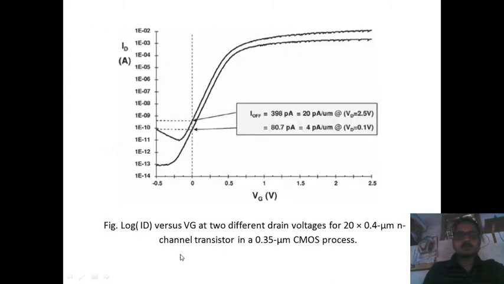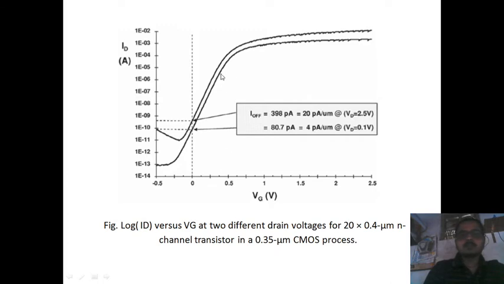This is the threshold voltage. See here in this figure the linear curve. In this figure, on the x-axis we have the gate voltage and on the y-axis we have the drain current. This part is in the linear region. Let us consider the threshold voltage is 0.5 volts.